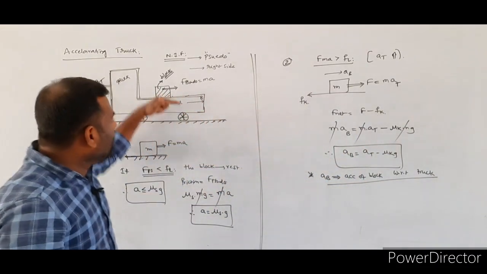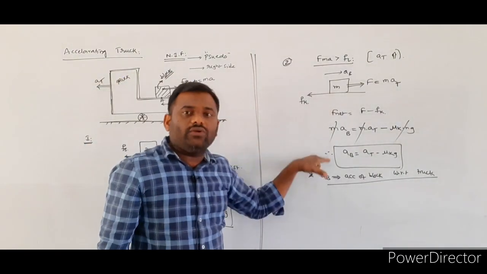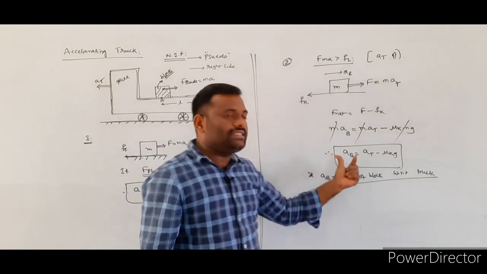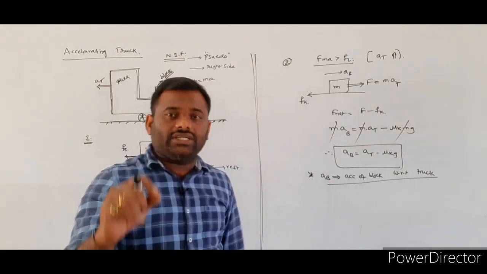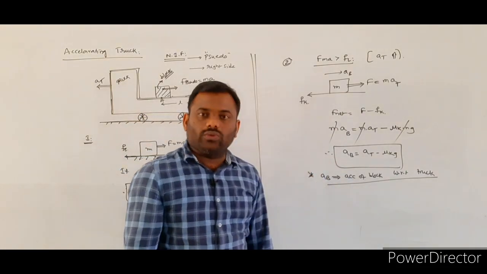It was placed over the surface of the truck. So whatever the value of a_B you got, that a_B is denoting the acceleration of the sliding block with respect to the truck.